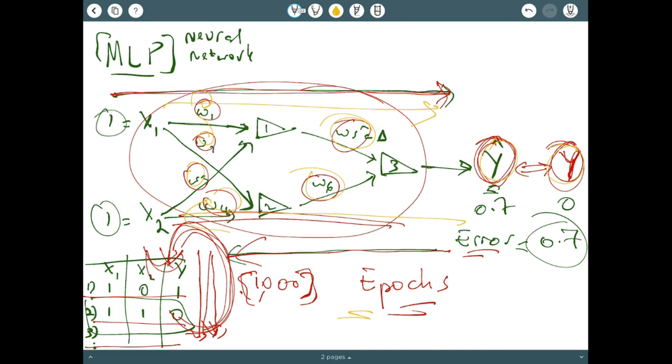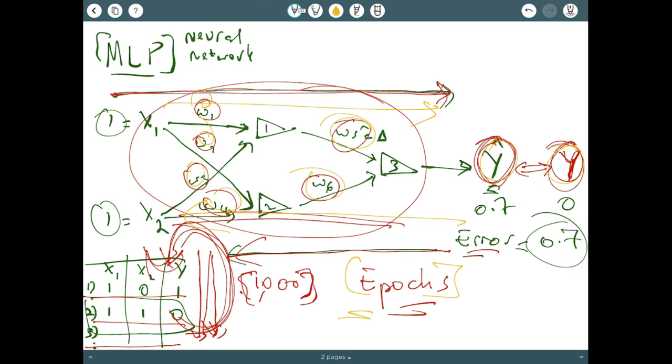And hopefully after a number of epochs, and you'll see a little bit later, there's an example in Excel where we try to solve a problem and it takes sometimes 300 epochs or 400, it gets to a point where it's producing very little error.